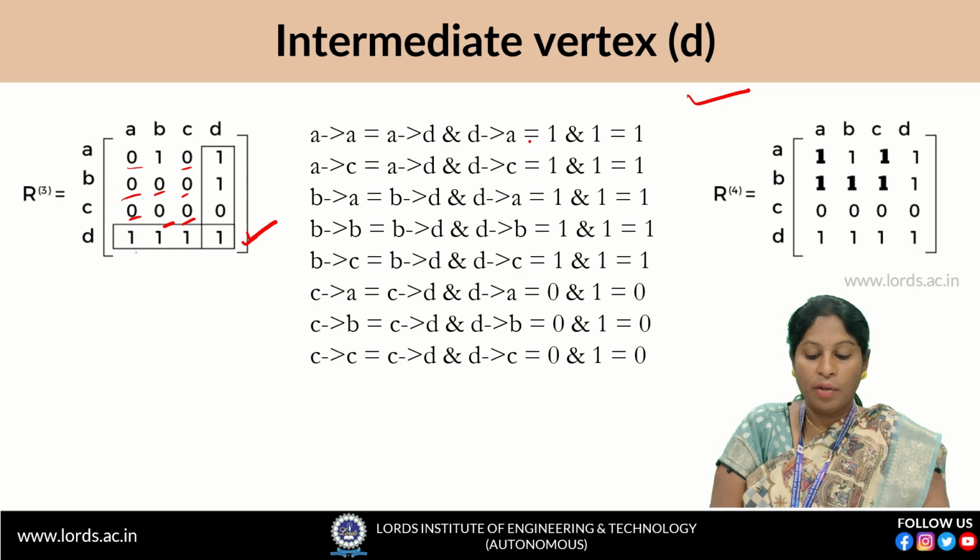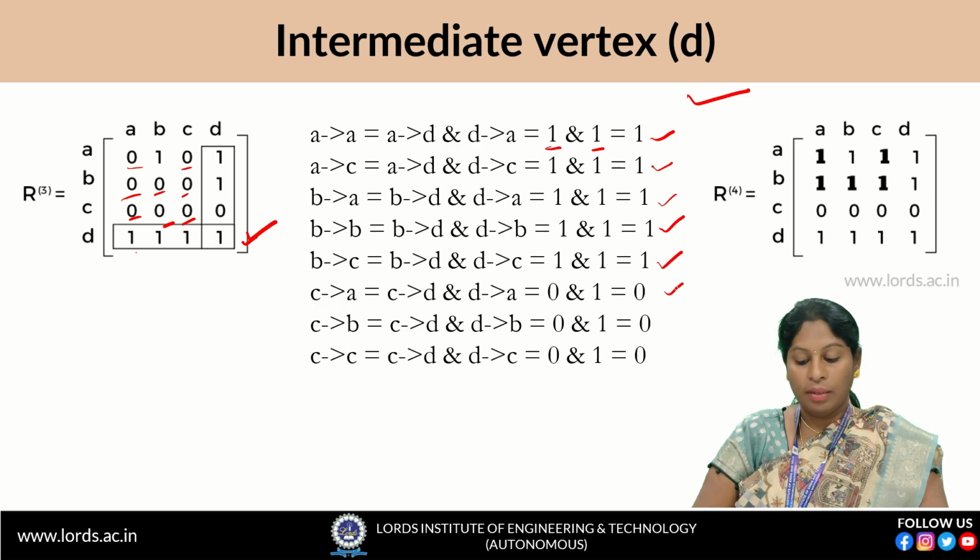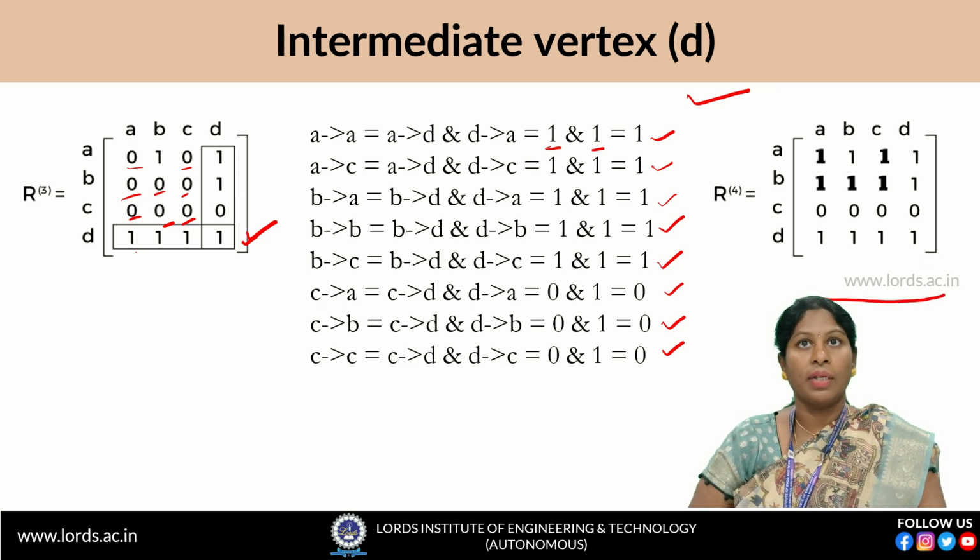So here 1 and 1 will give us 1. Similarly, for all the zeros of that R3, we are going to convert that into a transitive closure if possible. So here all four vertices we have found. So this is our final matrix form, nothing but our transitive closure.